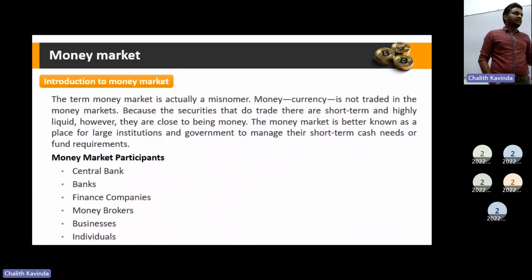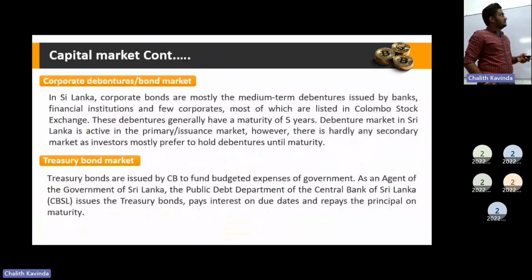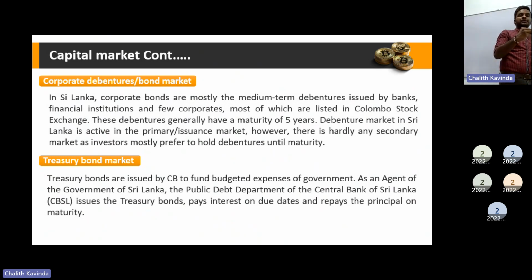So today we'll start with the other type of capital markets, that is the corporate debt security market as well as the treasury bond market. When it comes to a company, they can generate capital by issuing equity shares, coming under equity capital, as well as debt, coming under debt capital.